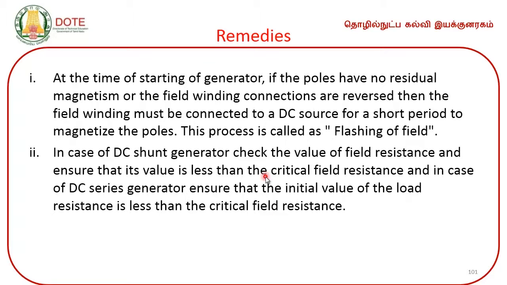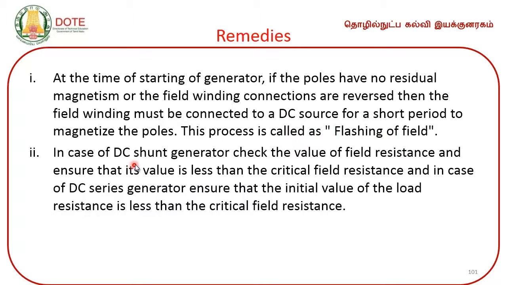So, these are the possible remedies which we can think of. Number 1, at the time of starting of generator, if the poles have no residual magnetism or the field winding connections are reversed, then the field winding must be connected to a DC source for a short period to magnetize the poles. This process is called flashing of field.